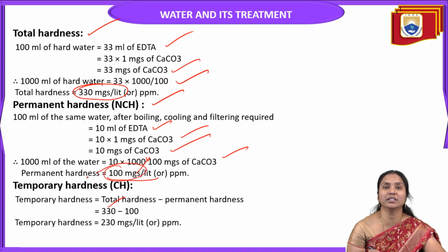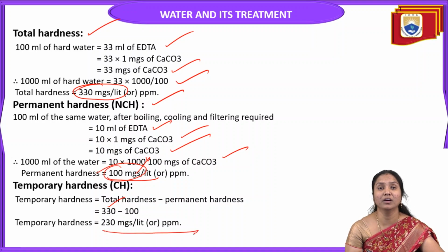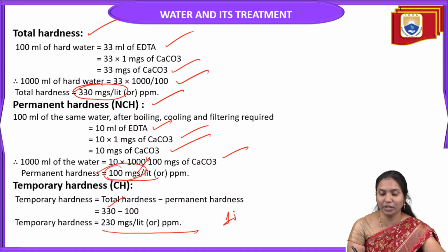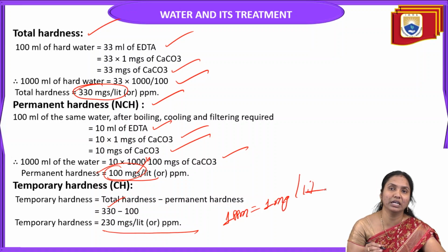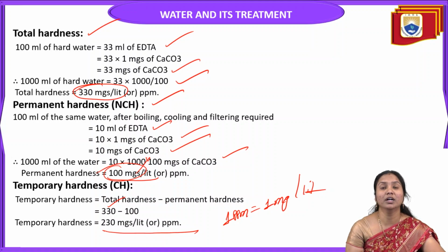So 330 minus 100 gives the temporary hardness of the given water as 230 milligrams per liter or 230 ppm, because mathematically 1 ppm is equal to 1 milligram per liter. So mathematically both are equal. So the temporary hardness of the given water is 230 milligrams per liter or 230 ppm.